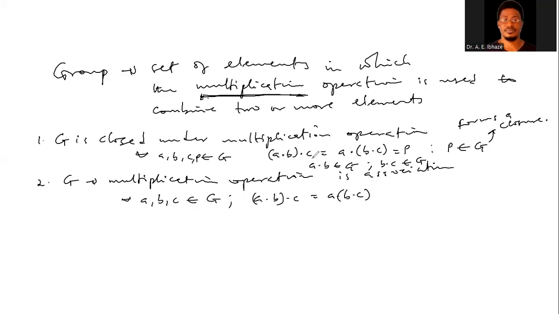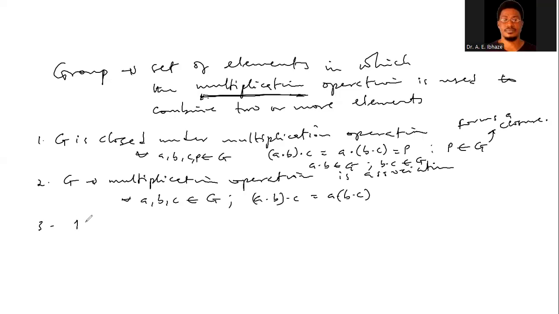Okay? And then the next point you need to take note of here is the existence of an identity or neutral element. So in multiplication operation, 0 does not form a neutral element, but 1 forms a neutral element.